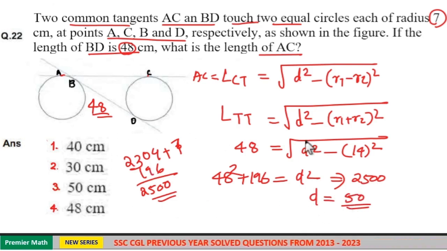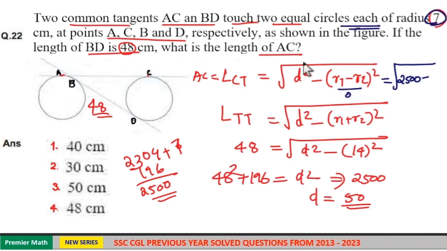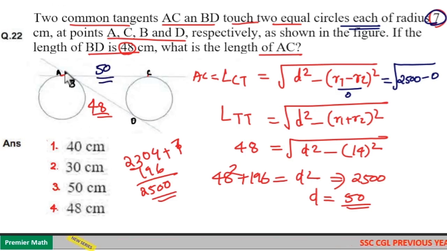That is, the length of the common tangent is equal to root of d square minus (r1 minus r2) whole square, which is 2500 minus 0. This term becomes 0 because both the circles have the same radius, so r1 minus r2 is 0. So the length of common tangent is root 2500, which is 50. So option 3 is your answer.